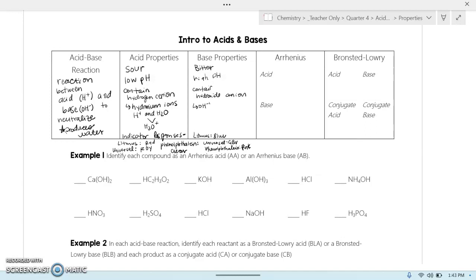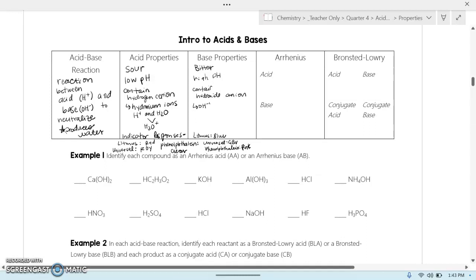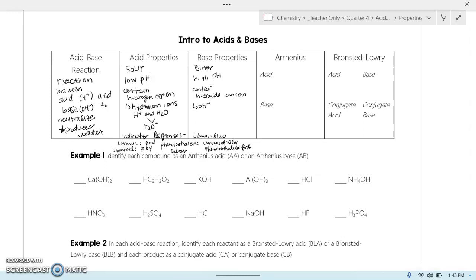And we already talked about those indicators. Bases will tend to have cleaning properties, so soaps are basic in nature, and some bases don't always have hydroxide anion. It depends on which definition we're using. We're going to talk about that here in a second.